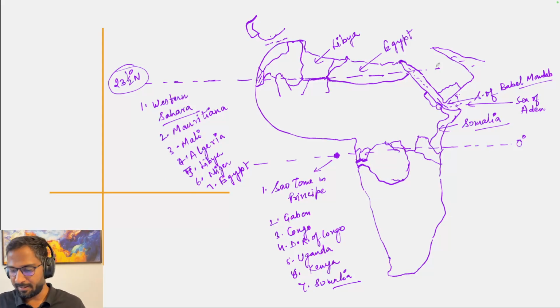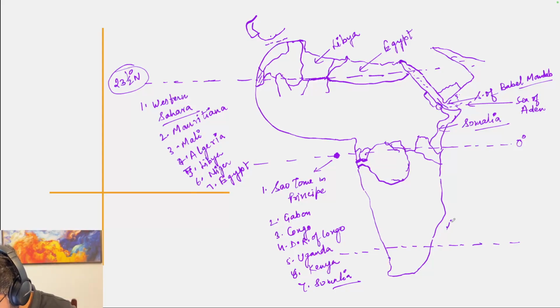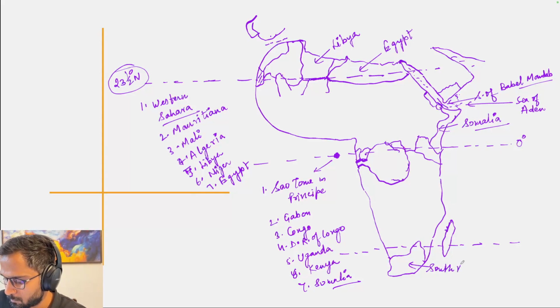Then let's see which countries the Tropic of Capricorn passes through. Starting from here, this is your South Africa. Let's see the countries in sequence from west to east. This country is Namibia.